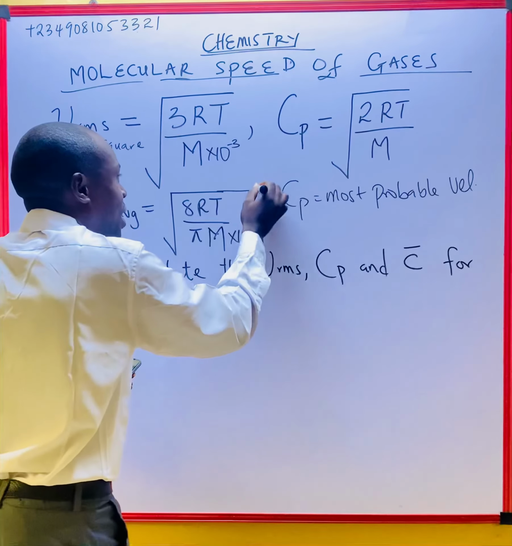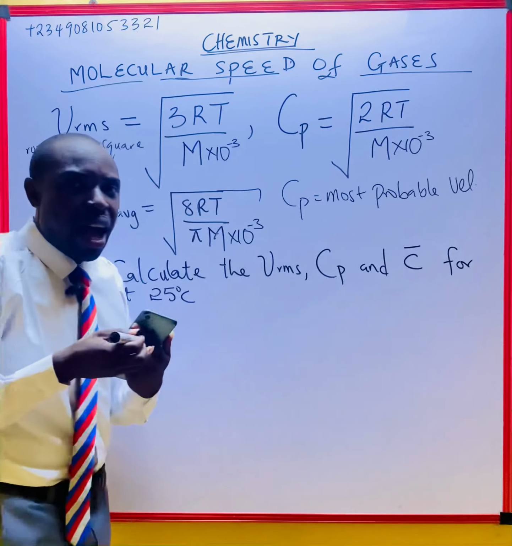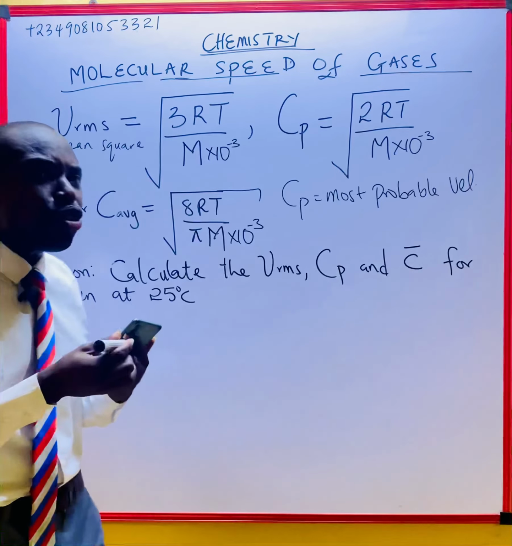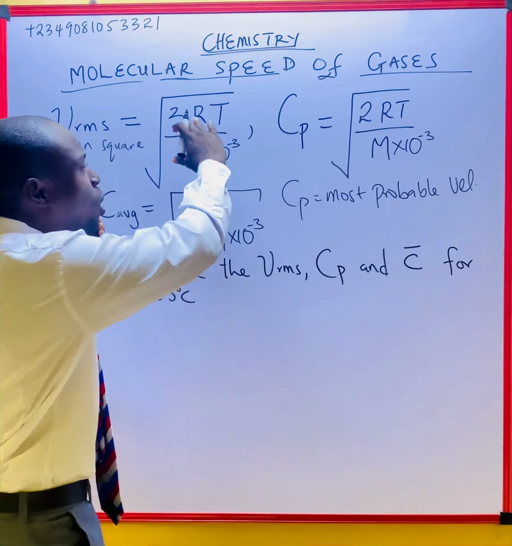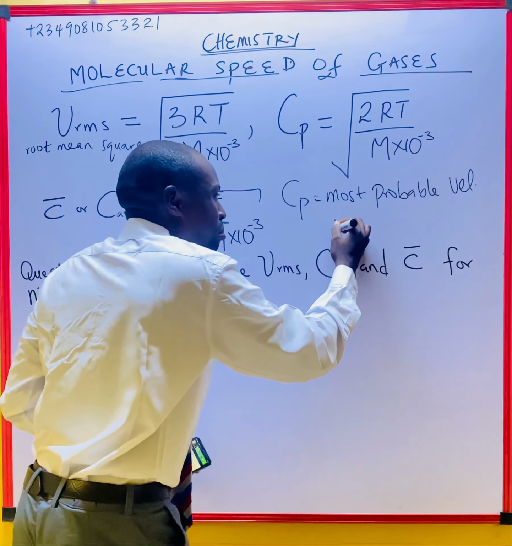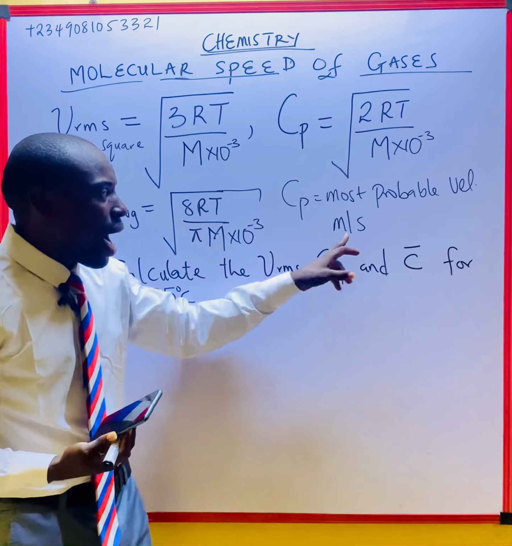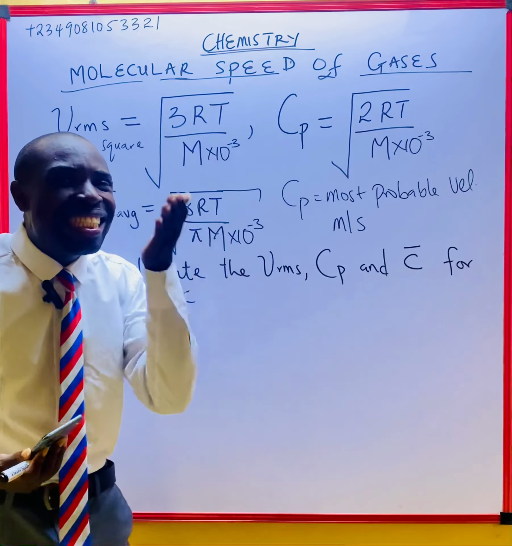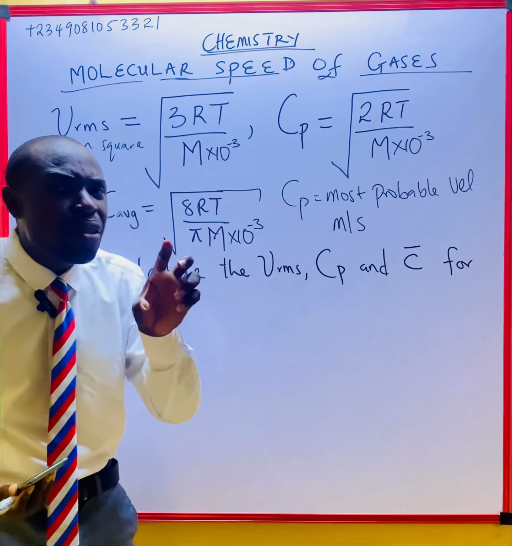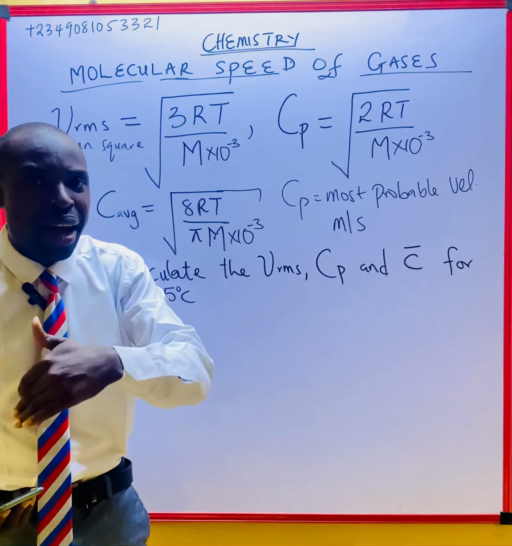If you don't understand this part, it will be a very big problem. The unit of the root mean square velocity, or of this molecular speed, is meter per second. If they ask you to leave your answer in centimeter per second, after you have gotten your answer in meter per second, you can then convert it to centimeter per second.